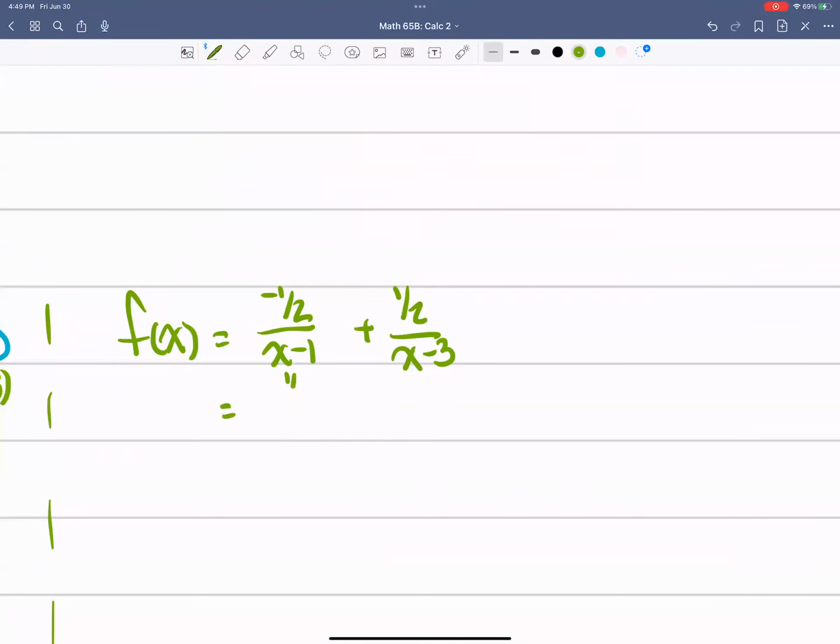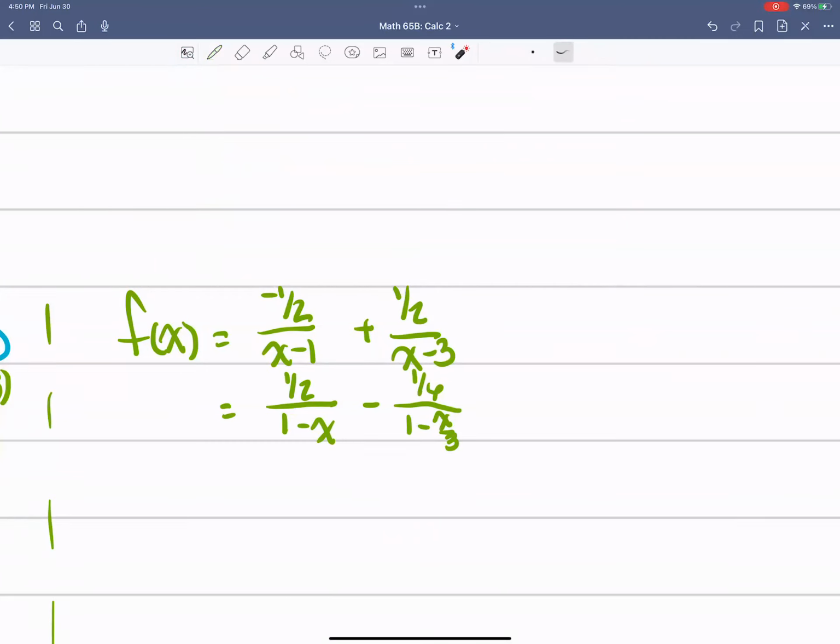So this would be a positive 1 over 2 over 1 minus x, minus 1 over 2, and we would have 3 minus x. We could adjust this, we could divide both top and bottom by 3. So we would have 1 over 6 over 1 minus x over 3.